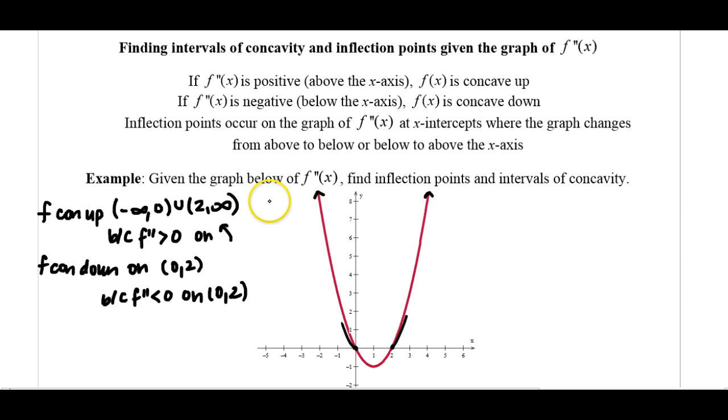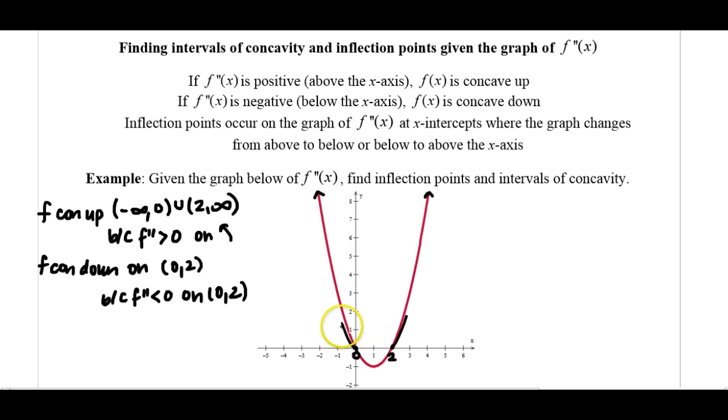So to find inflection points, we want to find the x-intercepts of the graph, so 0 and 2, but more than that, we want to make sure that the graph at those points changes from above the x-axis to below the x-axis, or below to above. And each one has that satisfied.